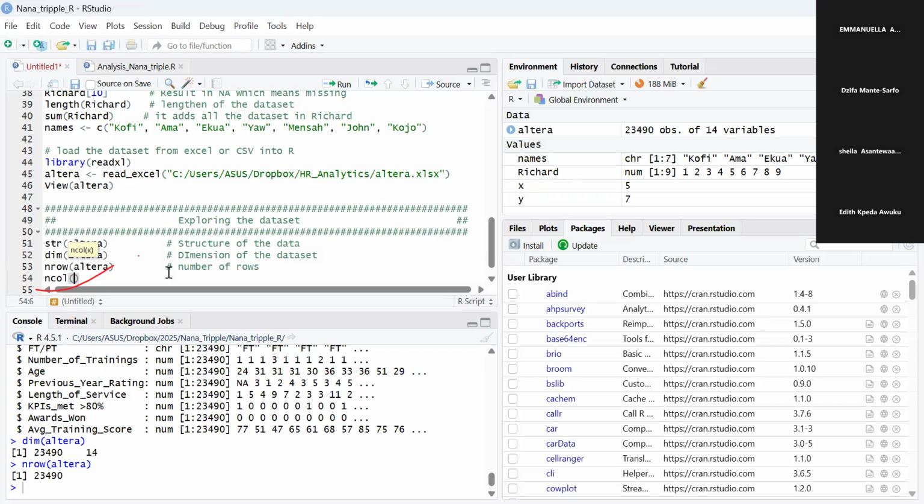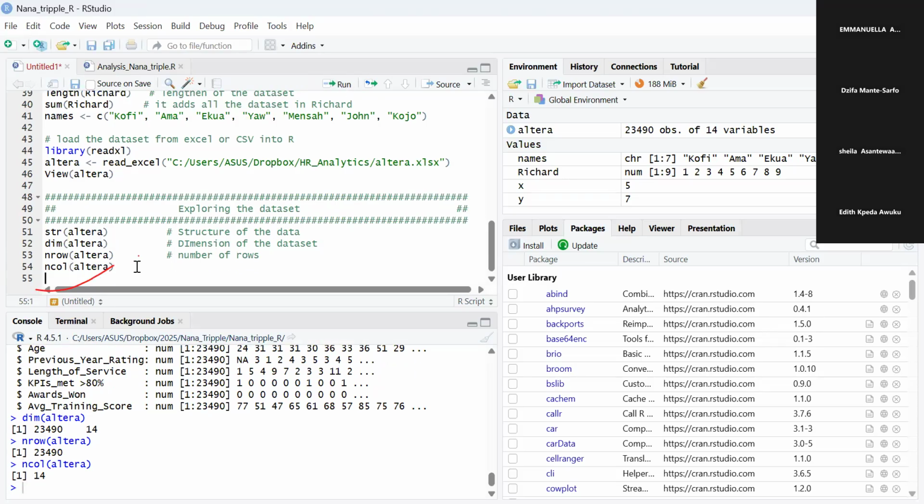What is in my brackets? Altera. How many columns do we have? 14 columns. So those of you who do not know rows and columns, at least now you know. Can I move on, please?